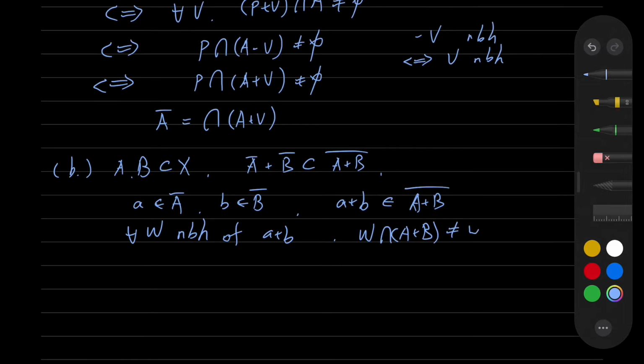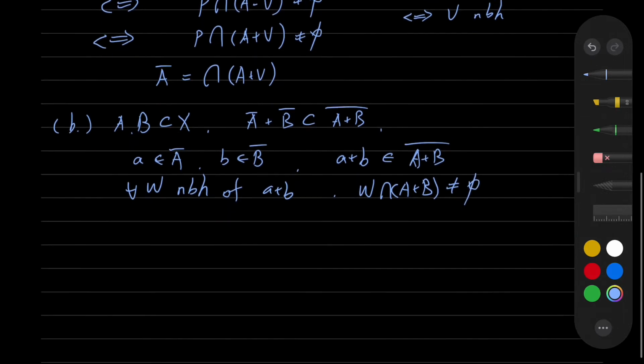this is non-empty. So first, we start with the neighborhood W, which is a neighborhood of a plus b.